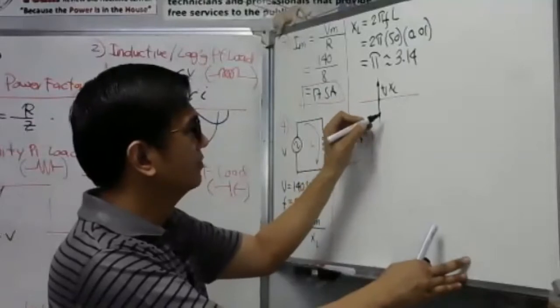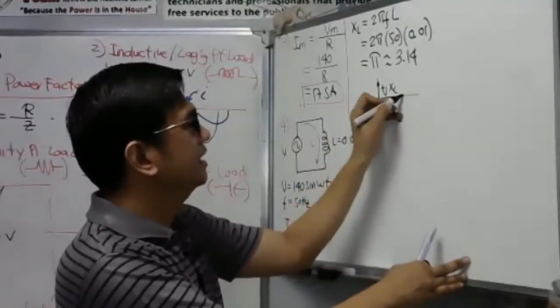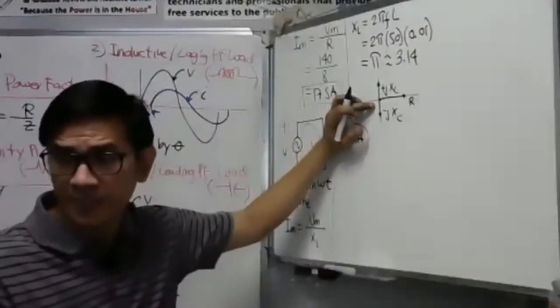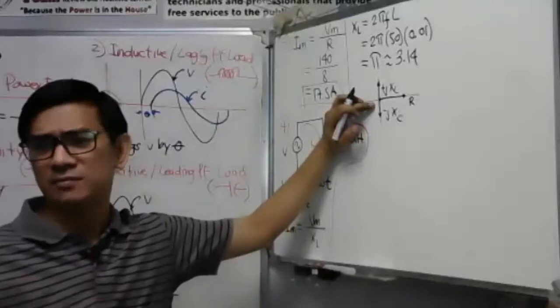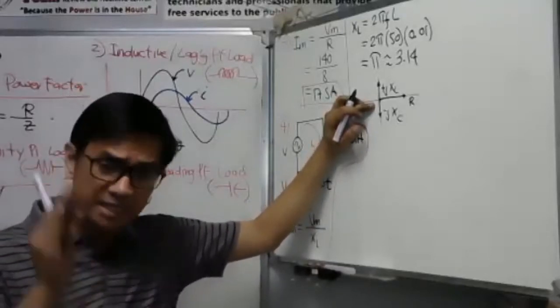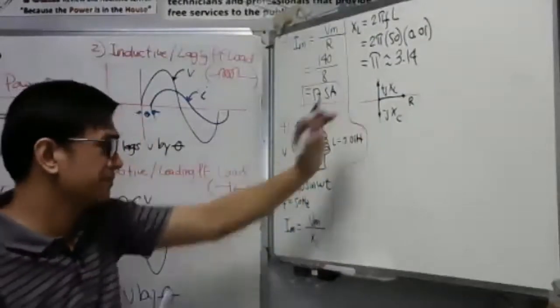The one below is negative j X sub C. Then again, your 0 degree is always your resistance. That will be your reference vector. Always remember that, meaning it is 0 degree.